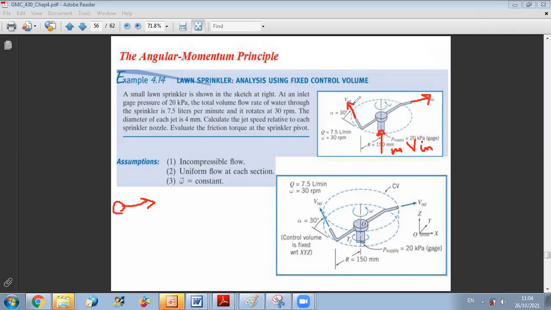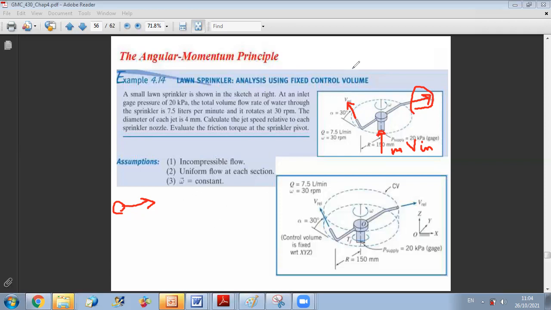So we should find the angular momentum of the linear momentum at the outlet. To do this, we should first find the expression of the velocity vector. And to find the angular momentum, we do R vectorial MV.